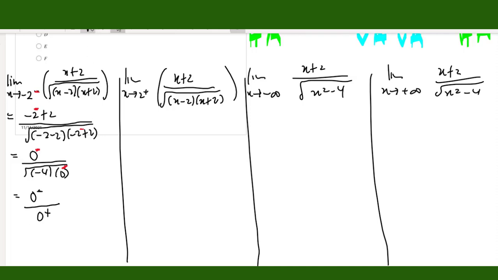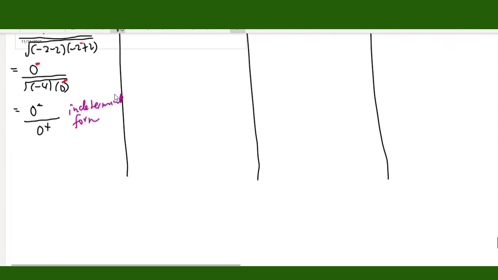So this is an indeterminate form. Okay, so you need to do something. The given function is like this, the indeterminate form, and we must continue. What to do?